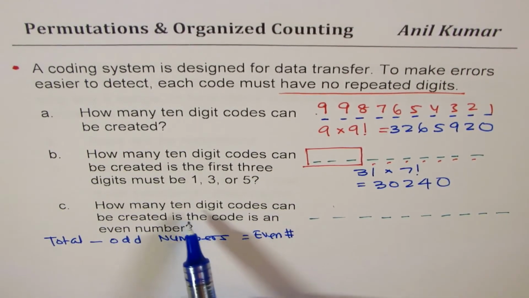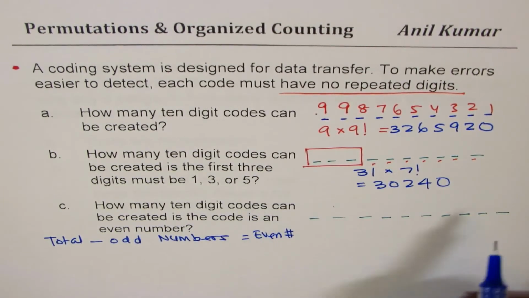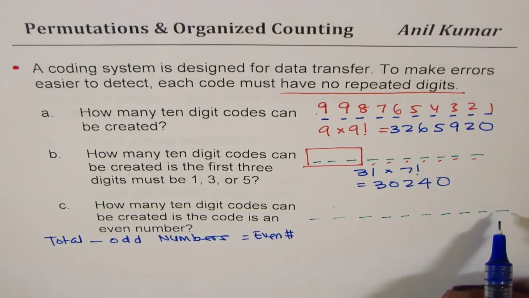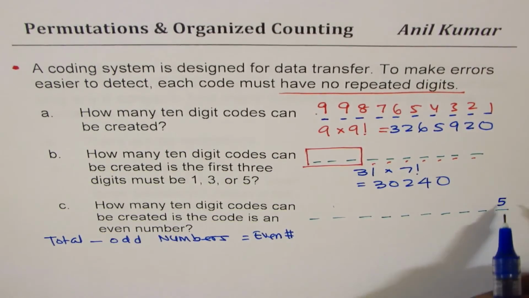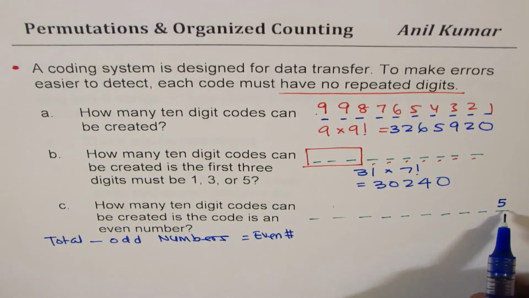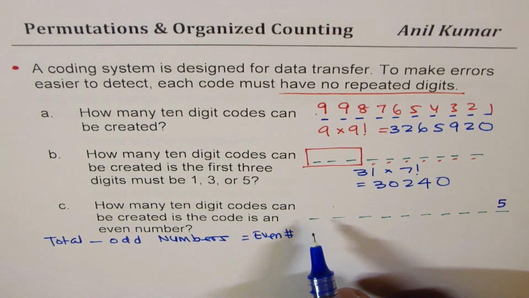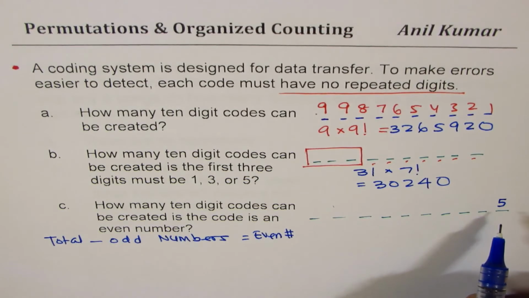If I'm having a 10-digit code, the last digit could be 1, 3, 5, 7 or 9. So there are 5 possible combinations for the last digit.